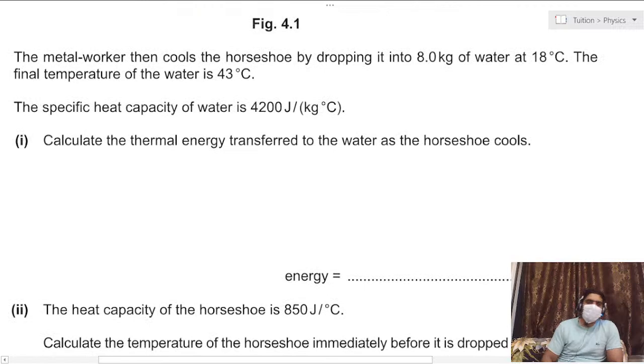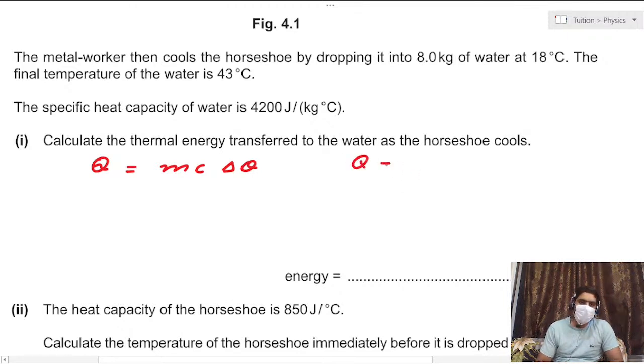So once again, heat energy, it is a question in which we have to apply one of the formulas, Q equals mc delta theta or Q equals ml. So which one do we use? First one or the second one? Yeah, we'll be using the first one, not the second one.